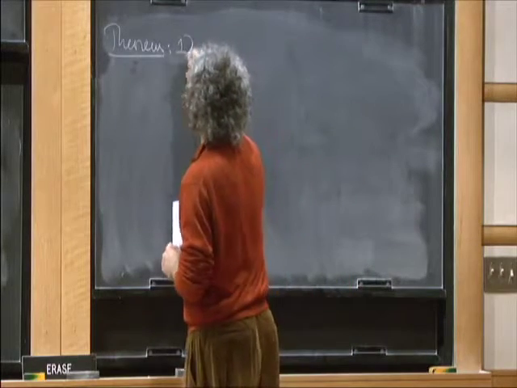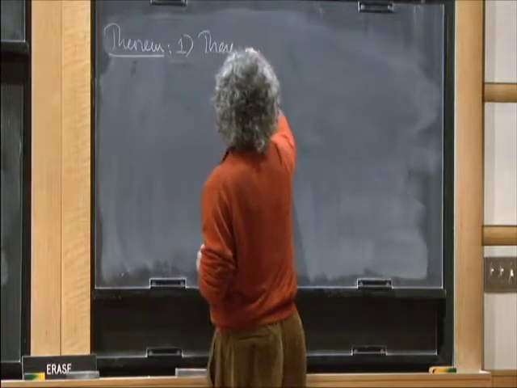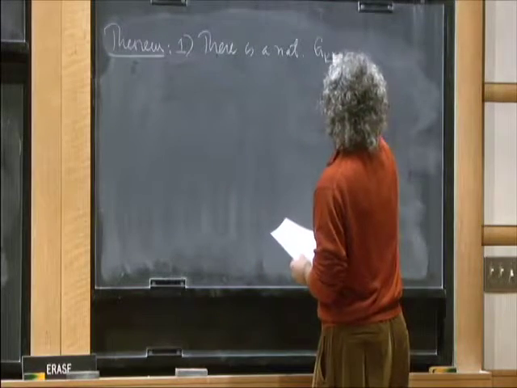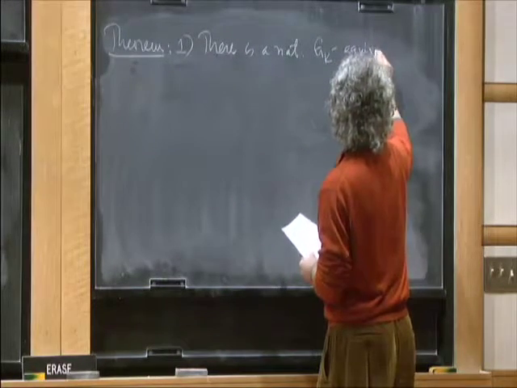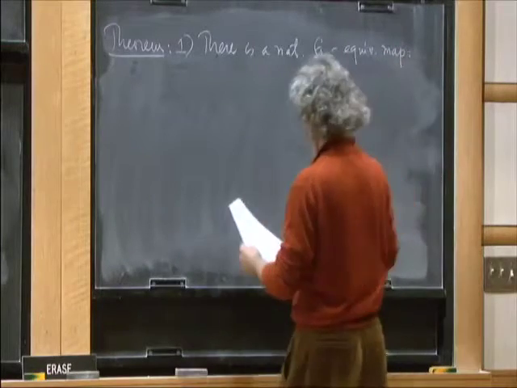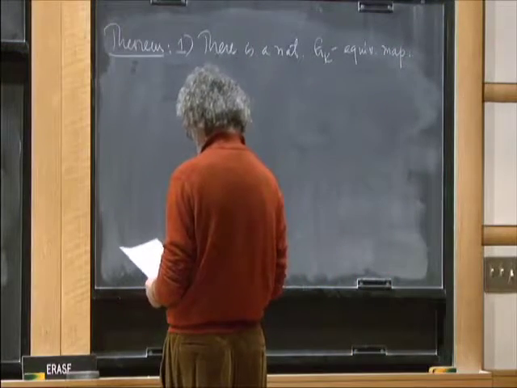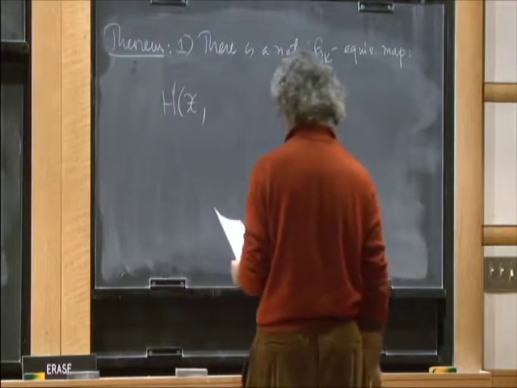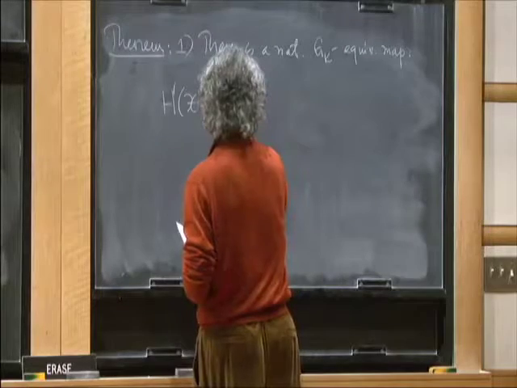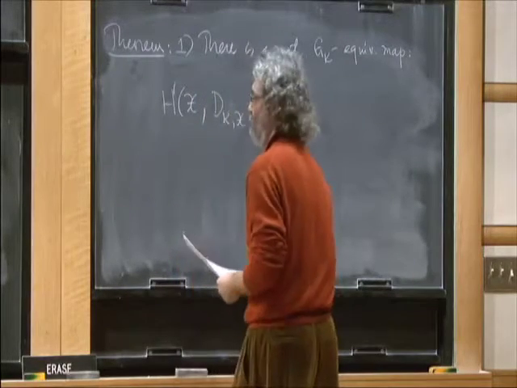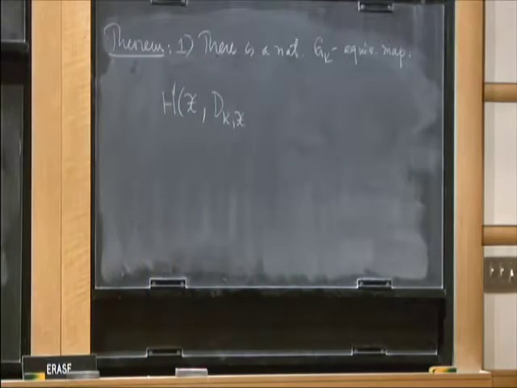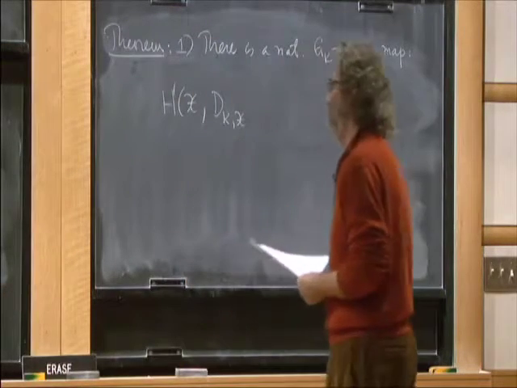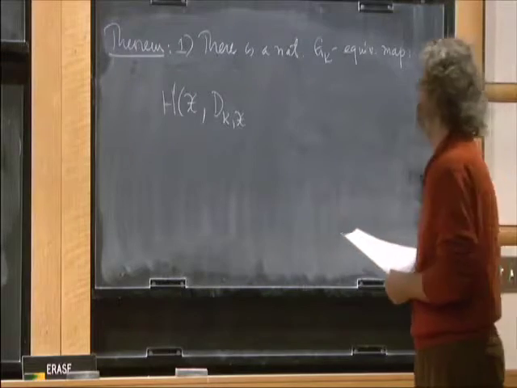So first, there is a natural GK equivariant map from H1. So this is cohomology on Faltings' site with values in dkx. For some reason, I would like, if you don't mind, to twist here. This is a Tate twist by 1.